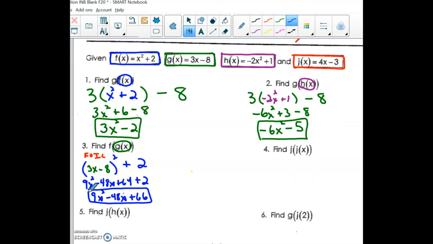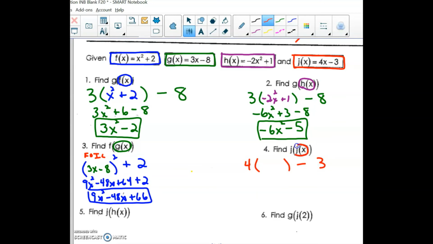And I want to show you problem number 4 because it takes the J function and puts it inside the J function. So you can put a function into itself. So the outside function is J, that is 4 times something minus 3.